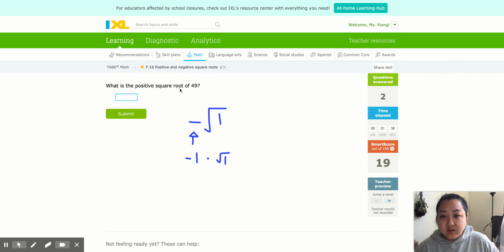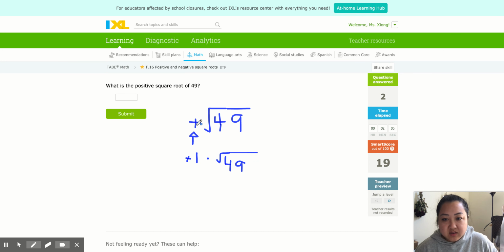What is the positive square root of 49? All right. So if they're asking about the positive, basically, they're saying we're looking at the positive square root of 49. So it's turning into +1 times the square root of 49.